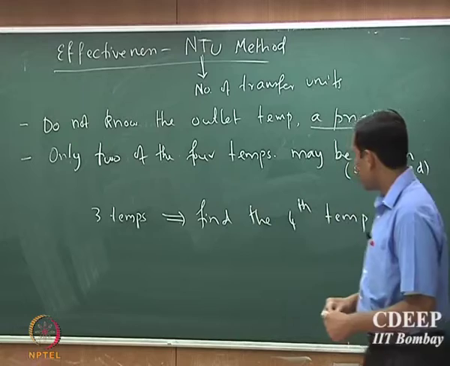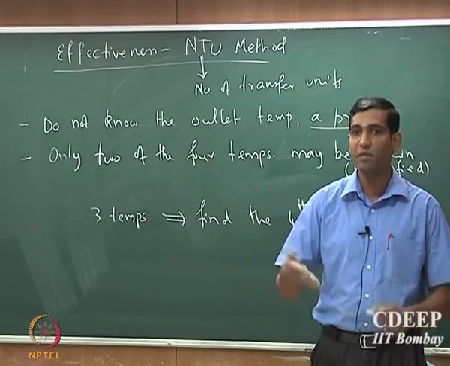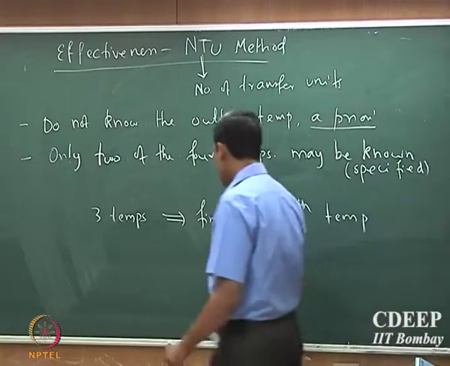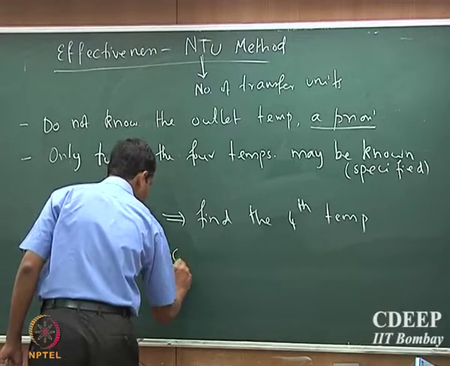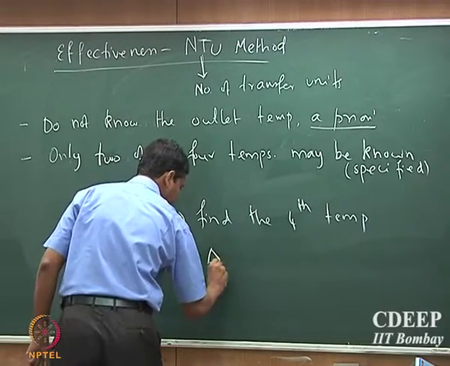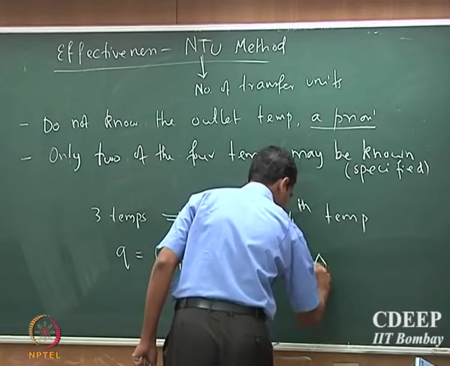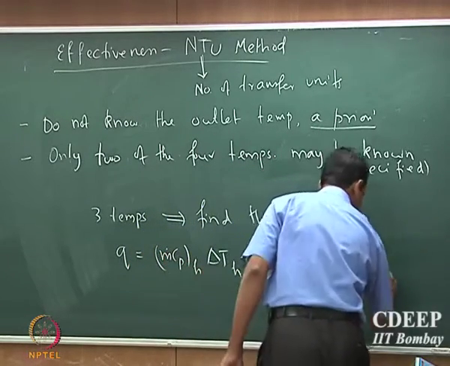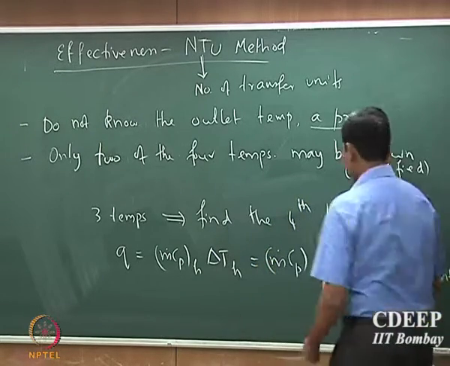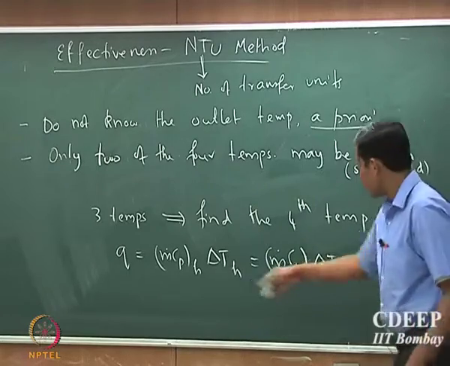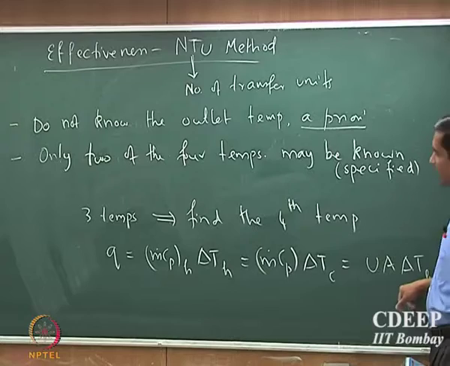But then if only two temperatures are specified, you can still use delta T LMTD. It doesn't mean that you cannot use it. The way to do that is, so you have Q is m dot Cp hot fluid, delta T hot fluid. You actually got three equivalences using this relationship.